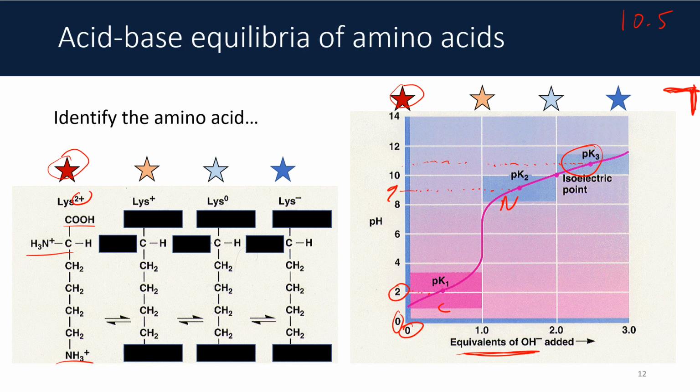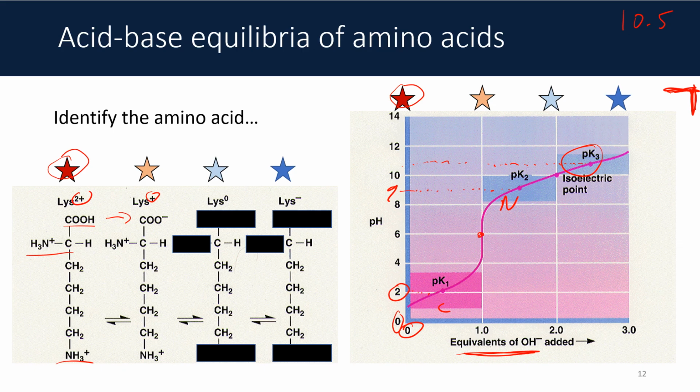So it comes off pretty easily at pH 2, and we transition from COOH to COO-. We are 50-50 red star and beige star at the pK1 points, and we become 100% Lys positive over here at this equivalence point.